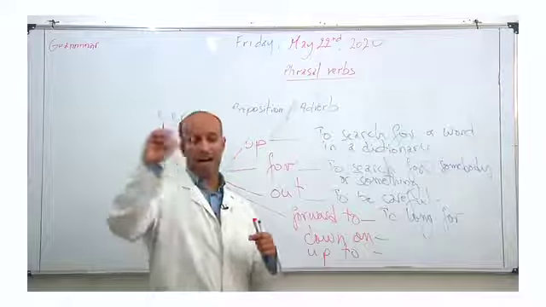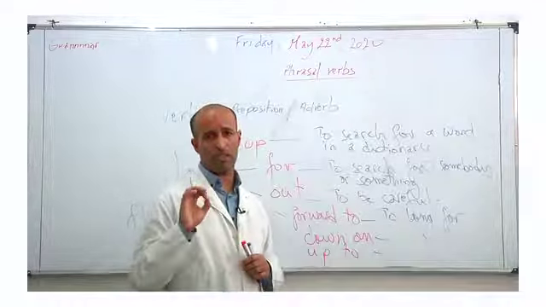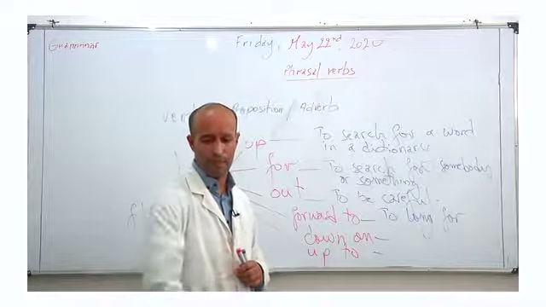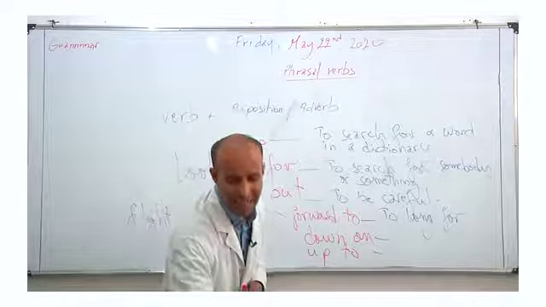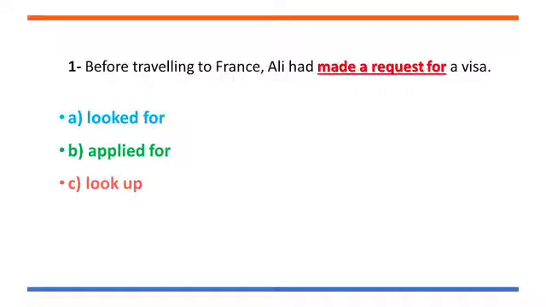Next exercise. You should underline the words with the correct phrasal verbs. You will have sentences and then choices to choose from. Choose the correct phrasal verb that can be replaced with the underlined words. Number 1. Before traveling to France, Ali had made a request for a visa.